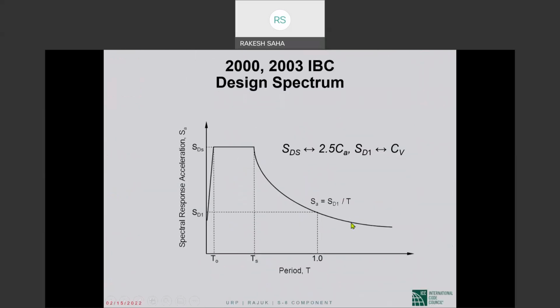So let us pause here for a couple of minutes or so, because I have covered a whole lot of ground, decades of development. The first thing I try to emphasize is the huge difference between a response spectrum and a design spectrum.